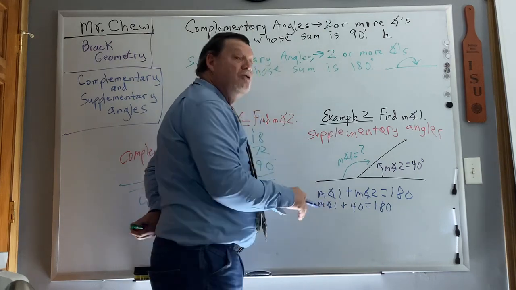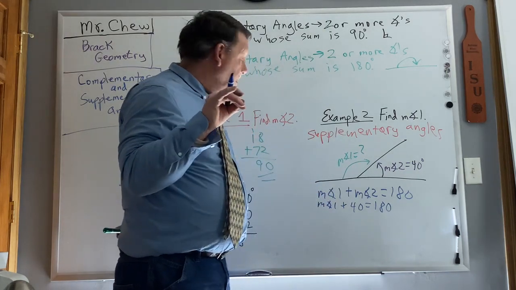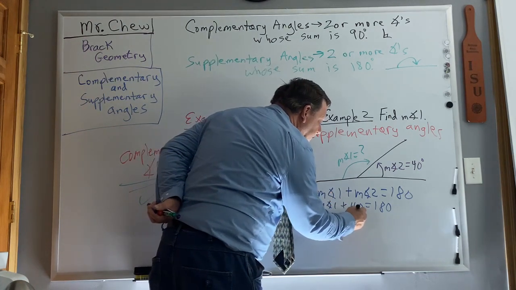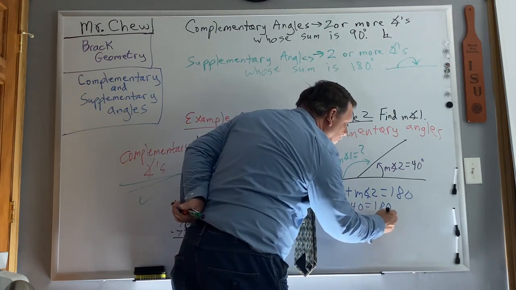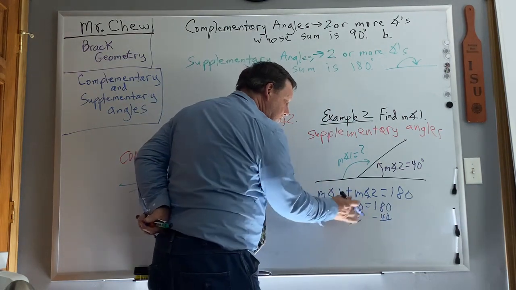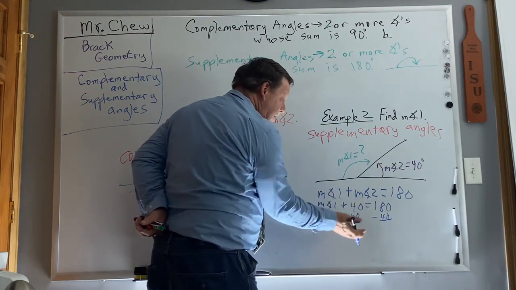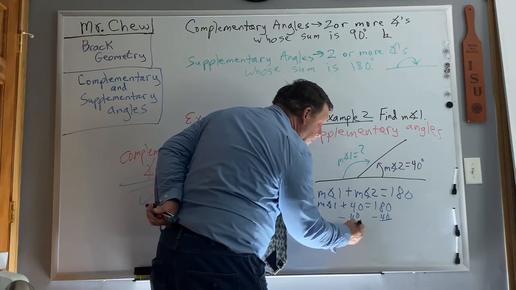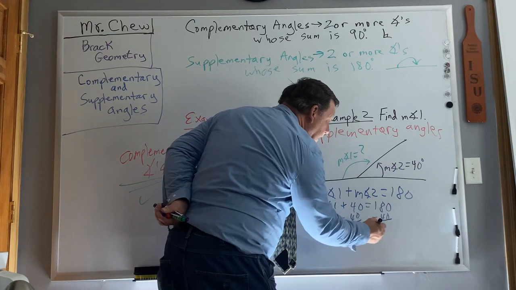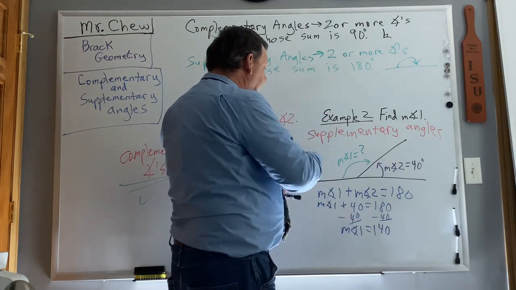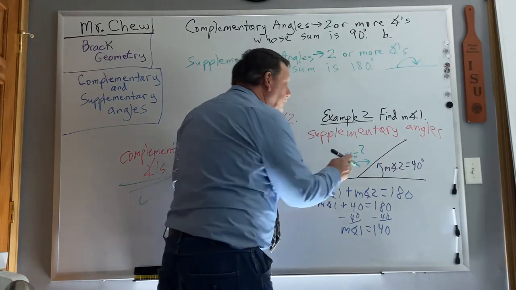Now I solve this using the subtraction property of equality by subtracting 40 from the left, and I have to subtract 40 from my right, which is your basic algebra rules. This crosses out, or it's a 0, 40 minus 40 is 0. Measure of angle 1 plus 0 is a measure of angle 1, which is what I want, and that equals 140. So I can go up here now and I can say this equals 140 degrees.